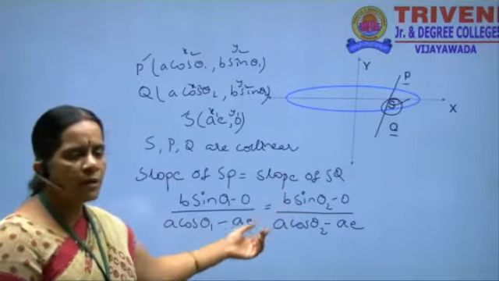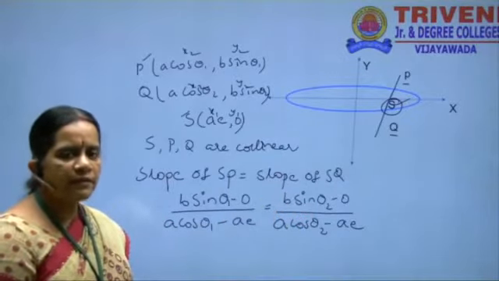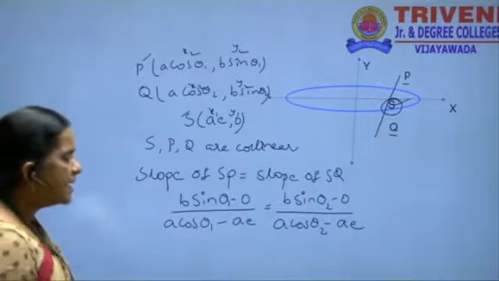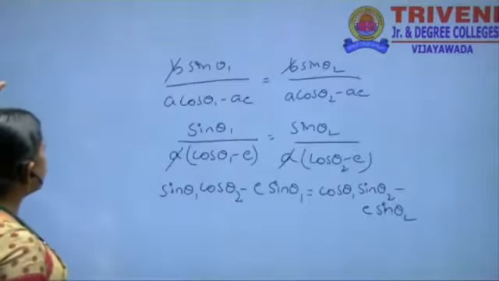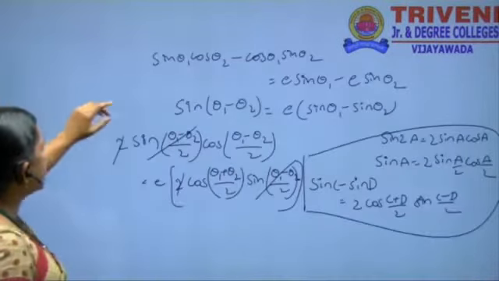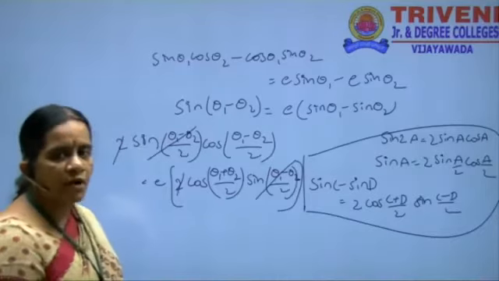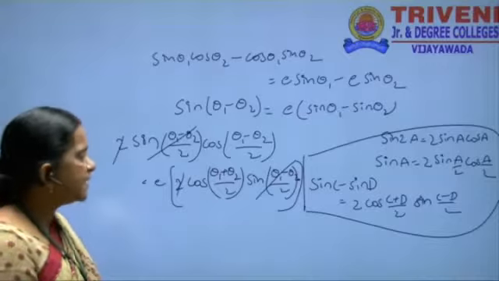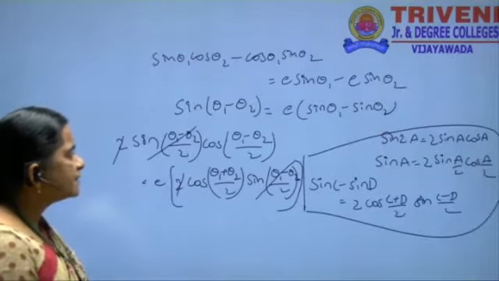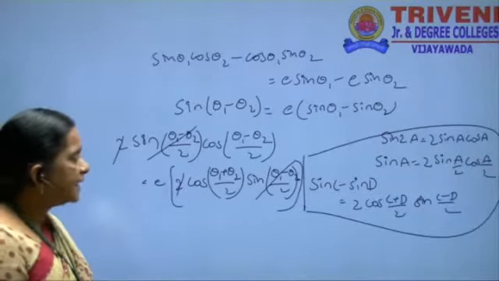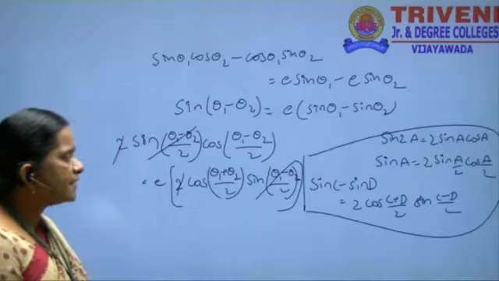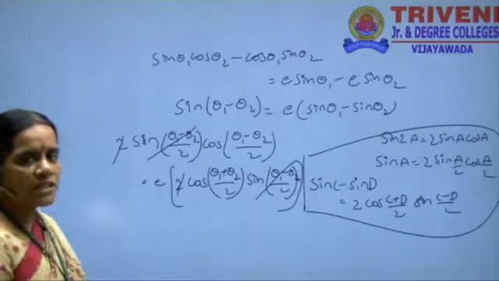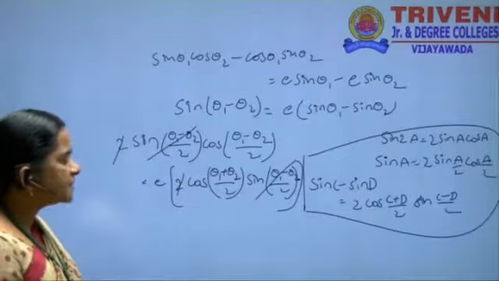The slope formula is y2 minus y1 by x2 minus x1. The next formula is sin A cos B minus cos A sin B is sine of A minus B. The next one is sin C minus sin D, that is 2 cos C plus D by 2 into sin of C minus D by 2.